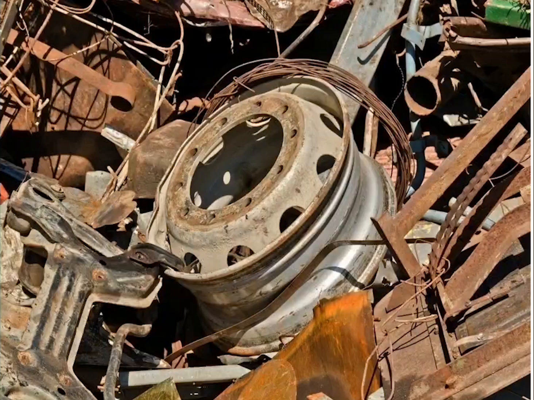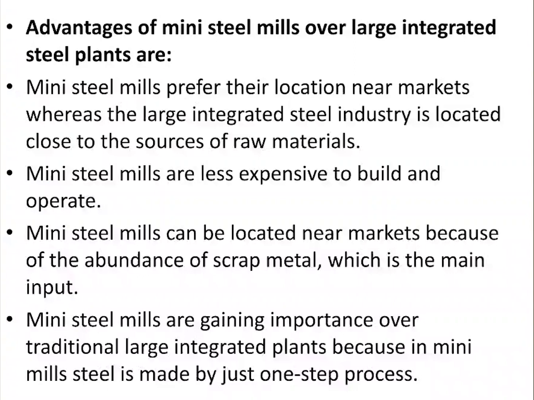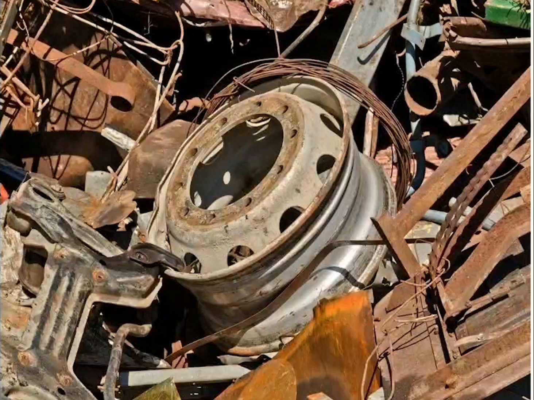This picture shows scrap metals. These scrap metals can be recycled in the blast furnace to produce steel. Mini steel mills are gaining importance over traditional large integrated steel plants because a mini steel mill works by a one-step process. It only needs one blast furnace to convert scrap metal to steel.